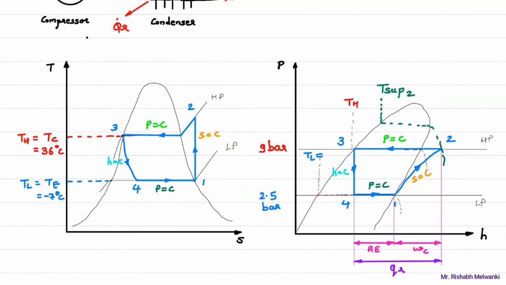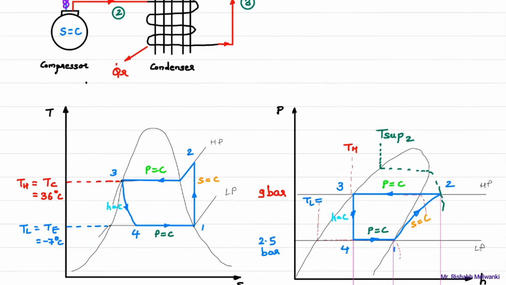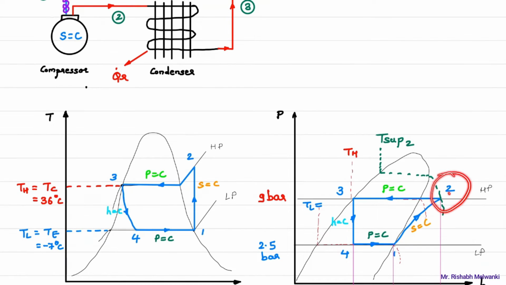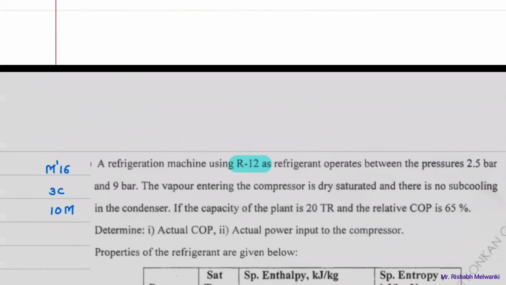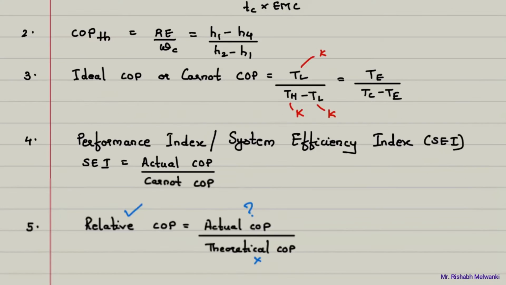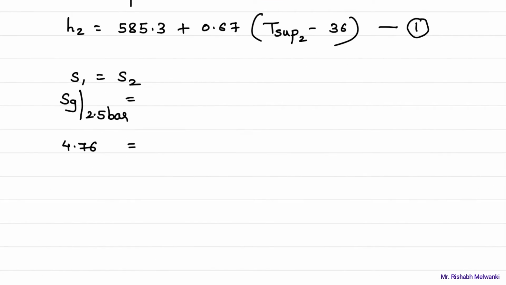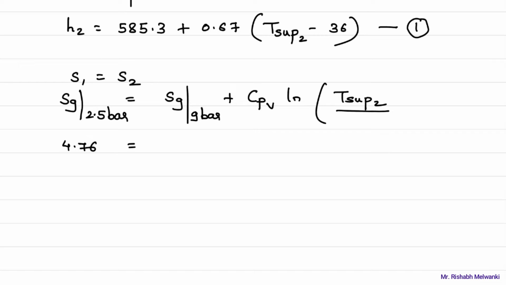Point number 2 is in which region? Superheated vapor region. So we need to find H2 of superheated vapor. So S2 will be Sg at 9 bar plus Cp of vapor log T sub 2 by Tsat 2.